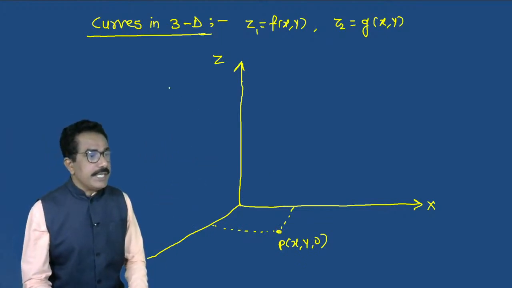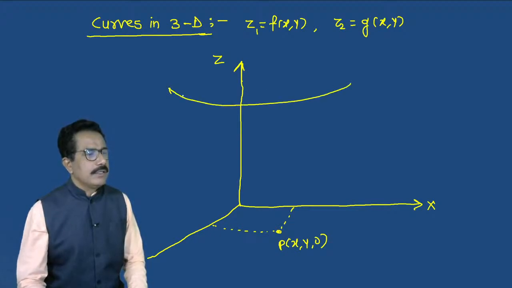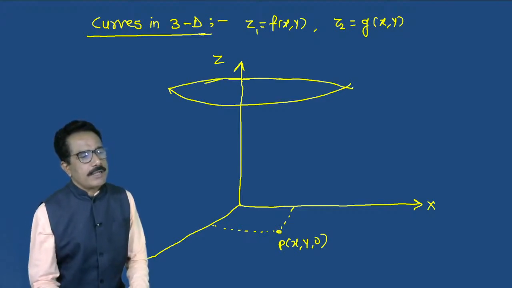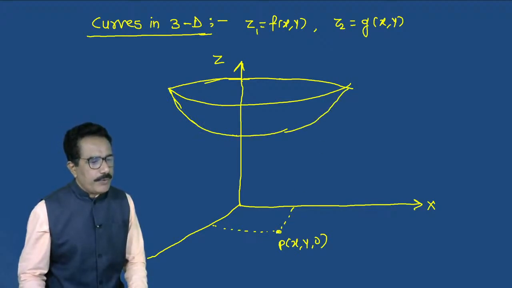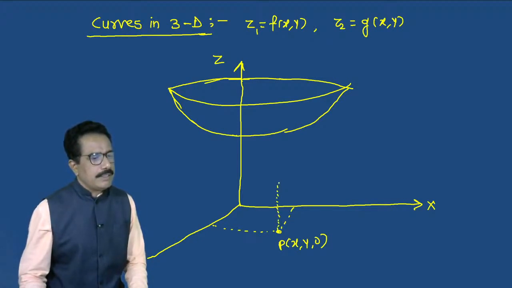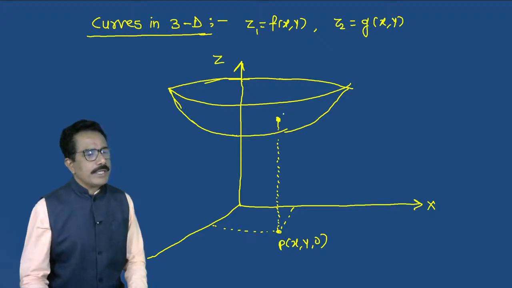So that will be the surface. We get a point on the surface. Suppose we consider this point is R of x comma y comma z.